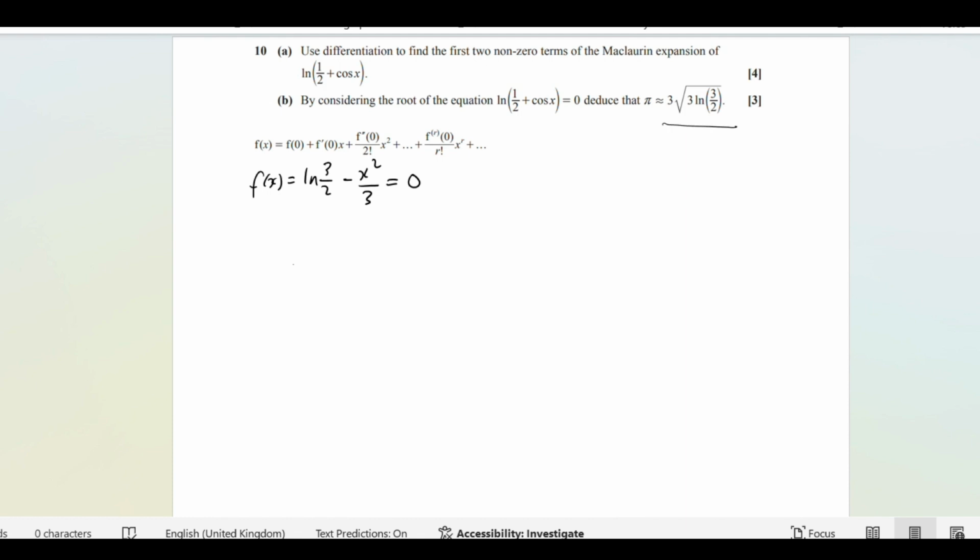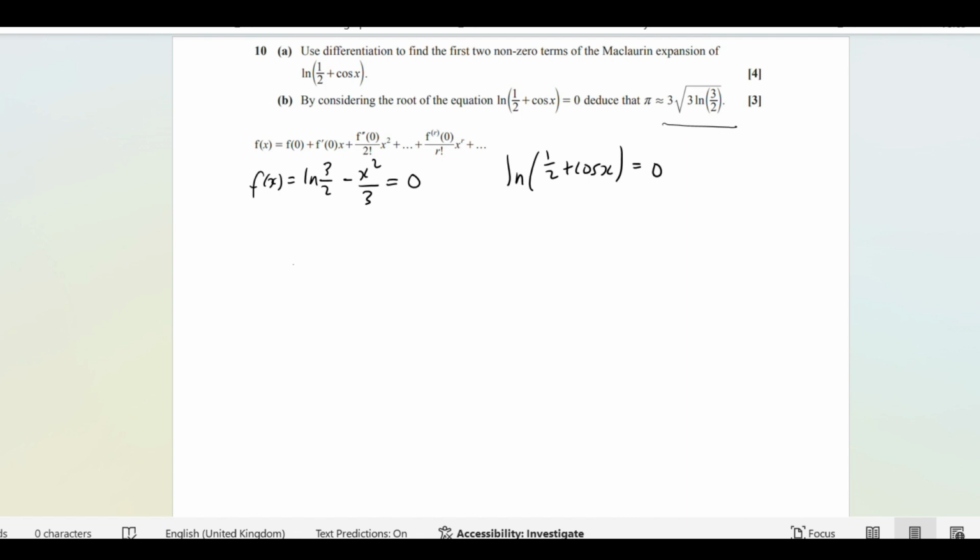To be able to do this, we're going to have to find a solution of x in this specific case. So we're going to write ln half plus cos x equals 0, and it says to consider the root of the function first, so it's kind of common sense that you'd have to solve this equation, find the value of x, and then plug it into our expansion that we found in the previous part.